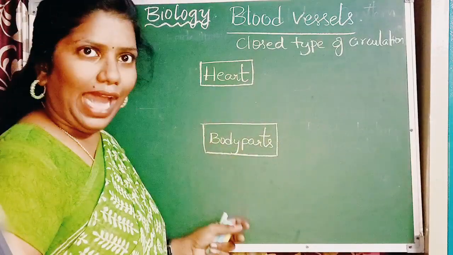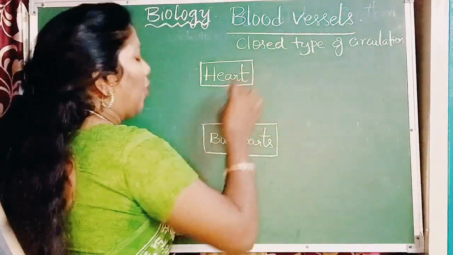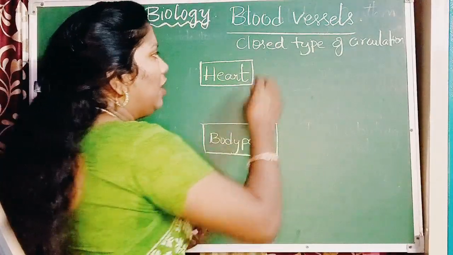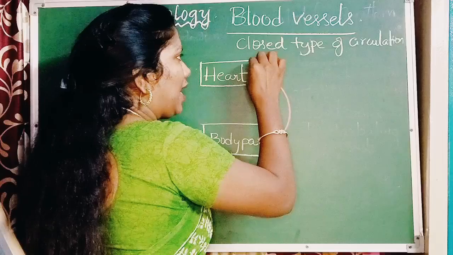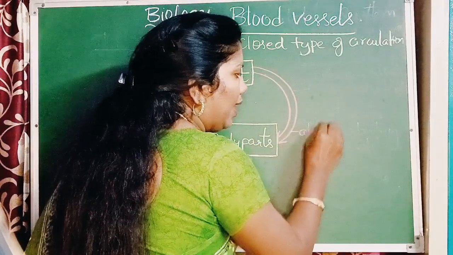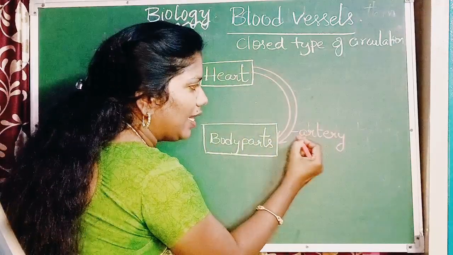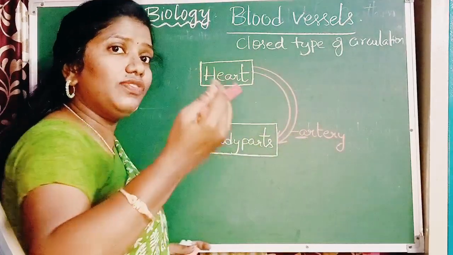The vessels which carry the blood from the heart to the body parts are called arteries. So this one is an artery. Arteries carry the blood away from the heart. A stands for artery, A stands for away.